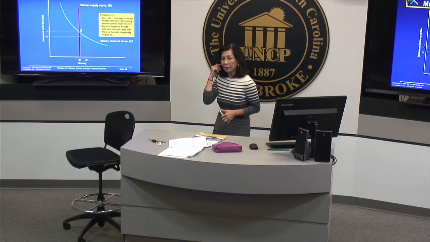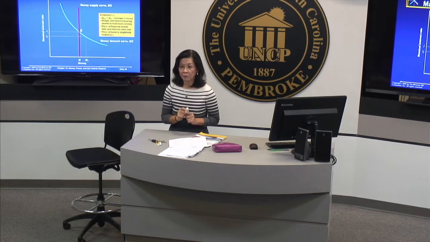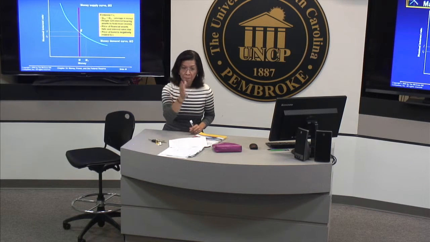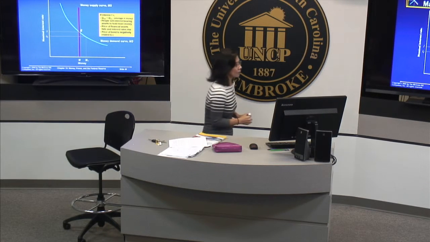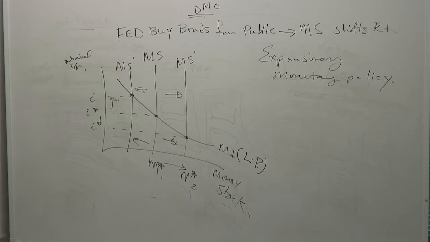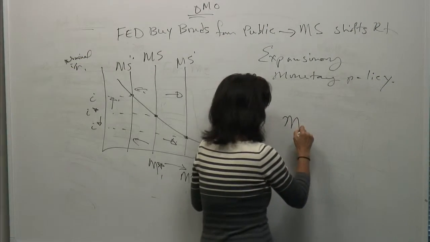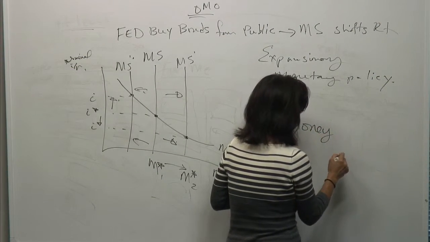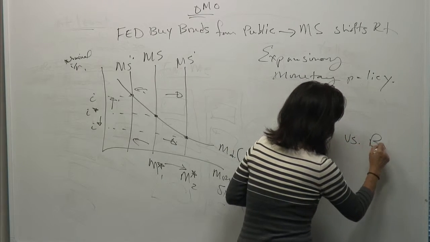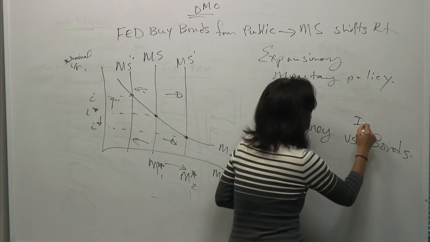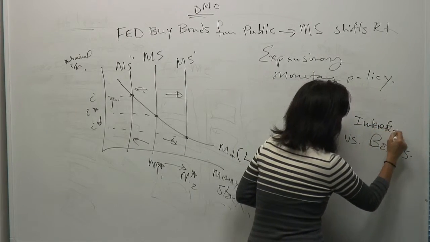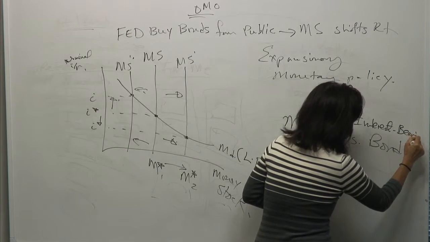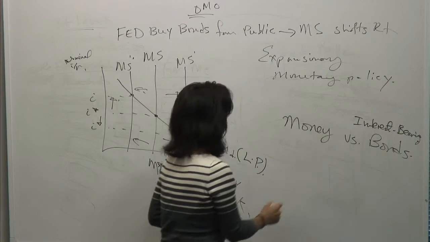So in other words, in the Keynesian model, it's very restricted. Either bonds or money. So there are two forms. Let's just write it down to make it easy for you. We've got money, versus bonds, and these bonds are interest bearing. It's got interest that comes with it. So one or the other.